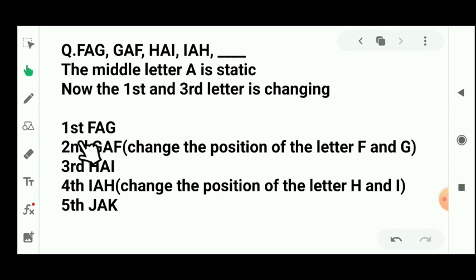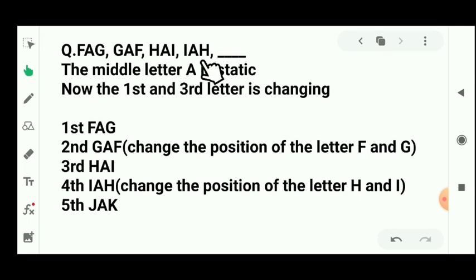Now all the students, let's see the first term, that is FAG. This is the first. In the second, GAF. That means you can see the first and third letters change position, F and G. It will be GAF.